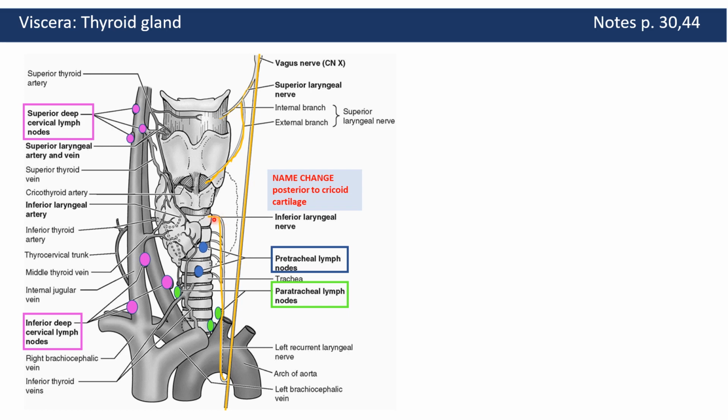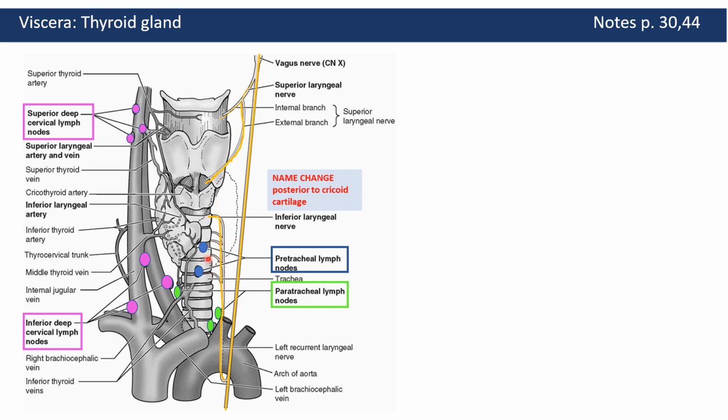It changes names at the posterior border of the cricoid cartilage to become the inferior laryngeal nerve. And so the inferior laryngeal nerve provides motor innervation to the muscles of the larynx for phonation. Please note that you may also see that action attributed to the recurrent laryngeal nerve itself.